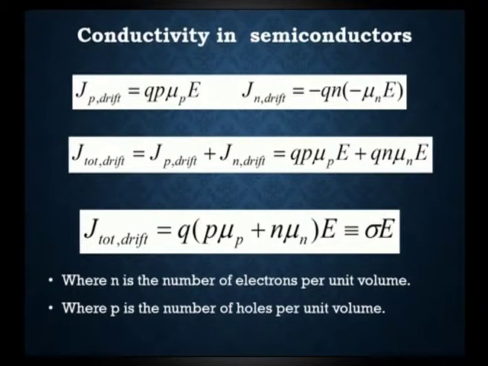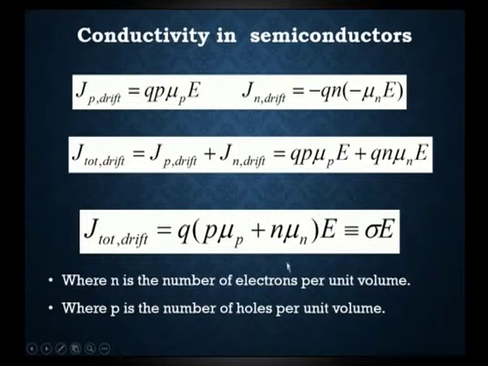That is why the general expression has both hole and electron. So for the total drift, we have to consider the hole current density and also the electron current density. This is the final expression after substituting here. Finally, the total drift current density will be the electric field multiplied by the conductivity, where delta represents the conductivity.